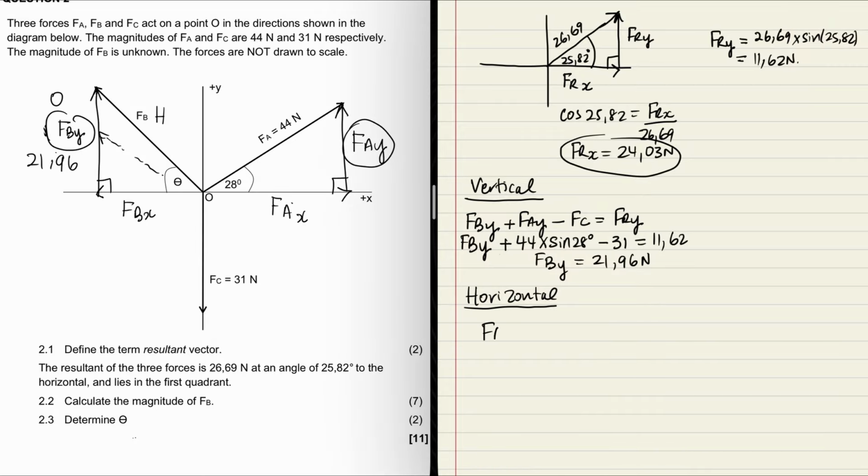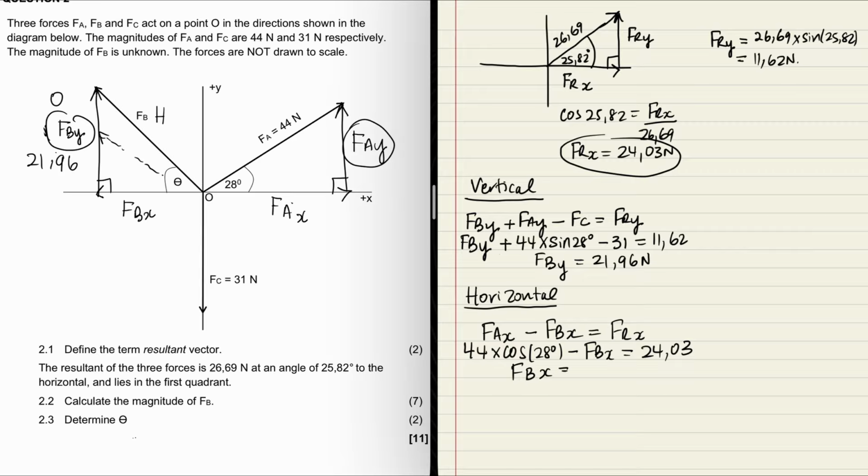So I'm going to simply say FAX minus FBX is going to equal FRX. Now FAX is adjacent to the 28, so I'm going to use cos here. I will say 44 times cos of 28 degrees minus FBX is equal to 24,03. I can then solve.